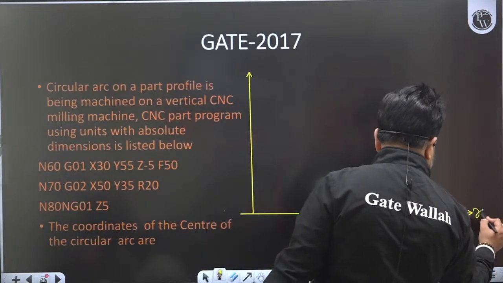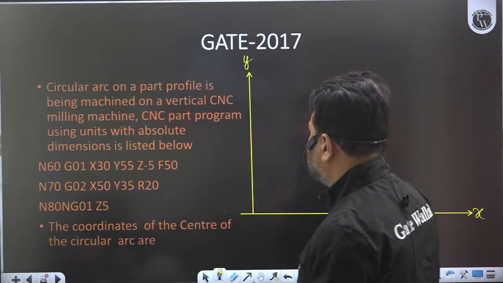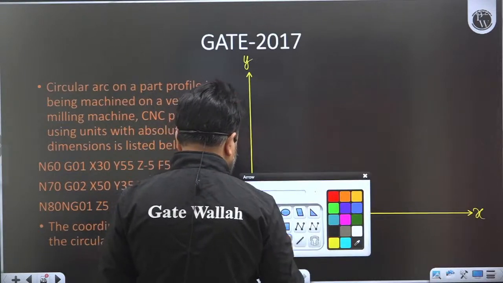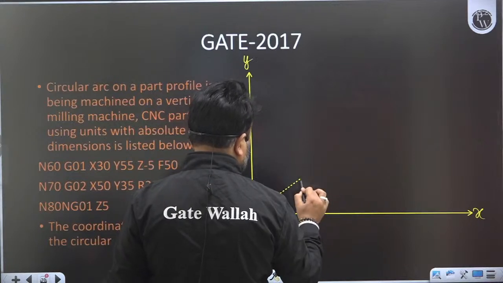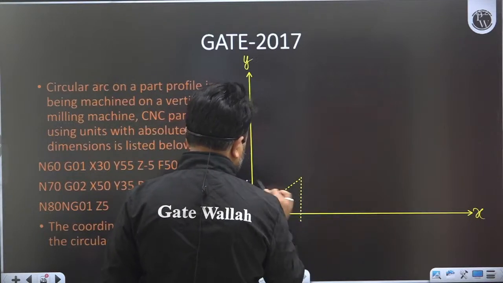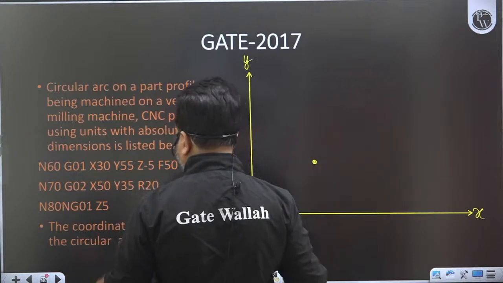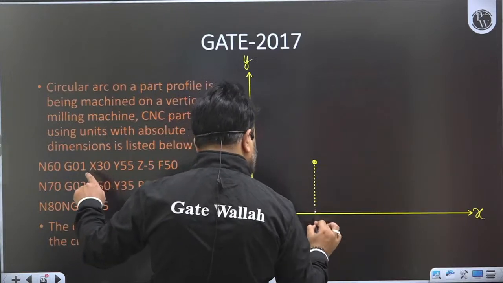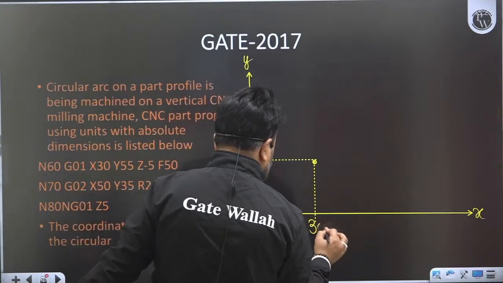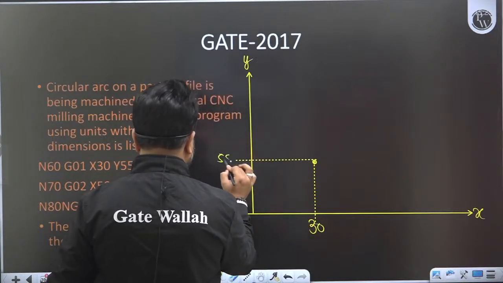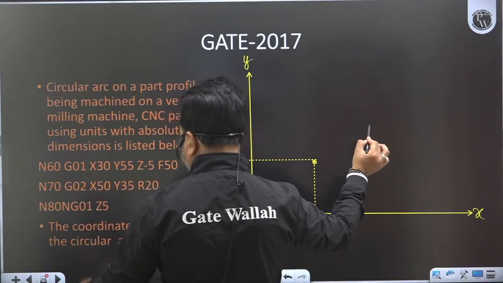This is X, this is Y, this is X30. You are at, let's say, X30 and you are at this point. That is X30 and Y55. 30 and 55. Now G02, clockwise, like this.